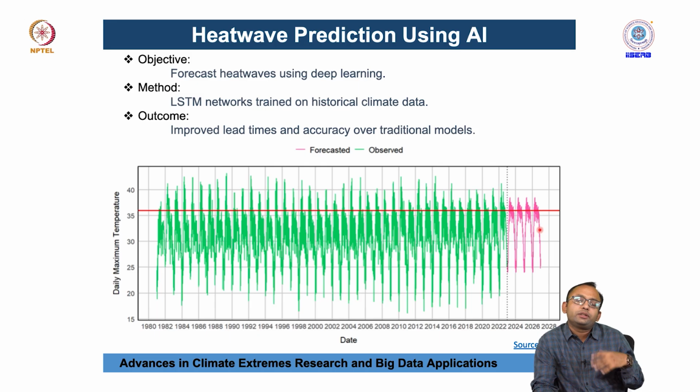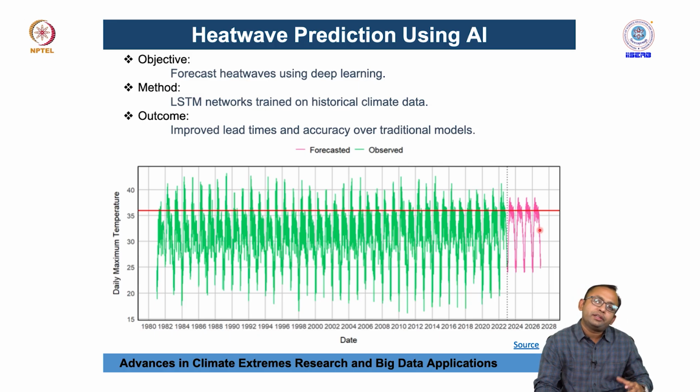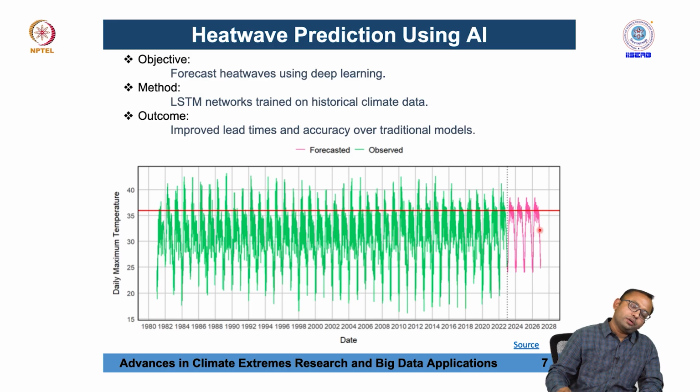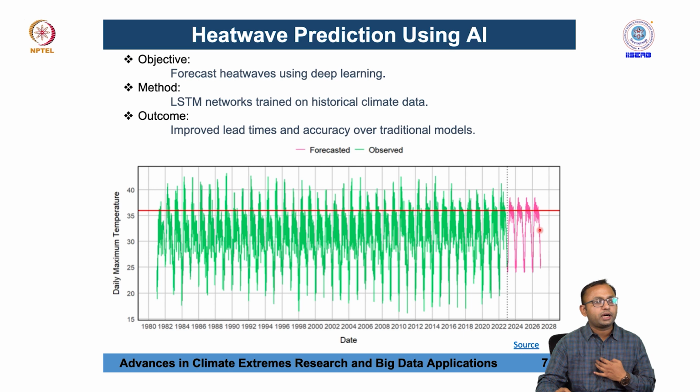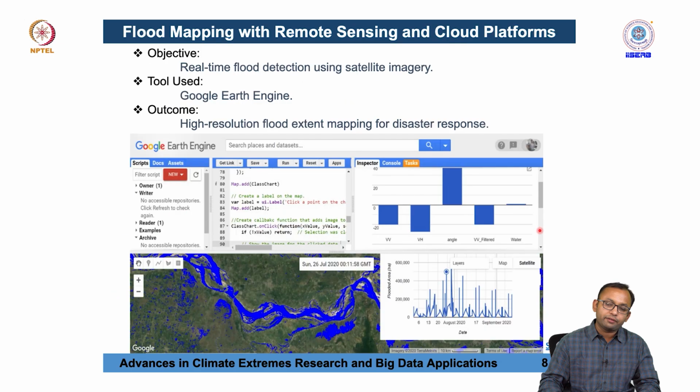So, based on this accuracy, we would be able to prepare well with our futuristic steps, so that it will enable us to protect against climatic extreme conditions. So, this is an example of how deep learning algorithms can be very useful for heat wave prediction.